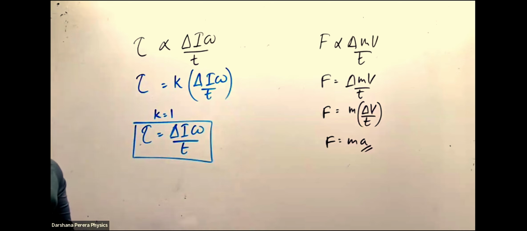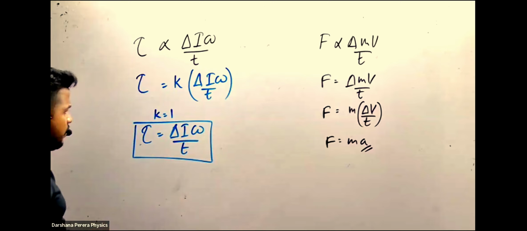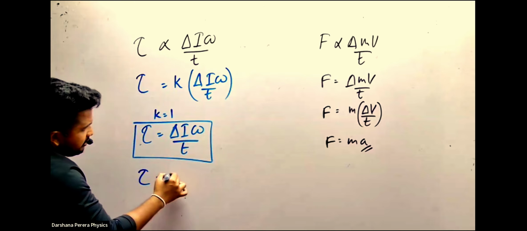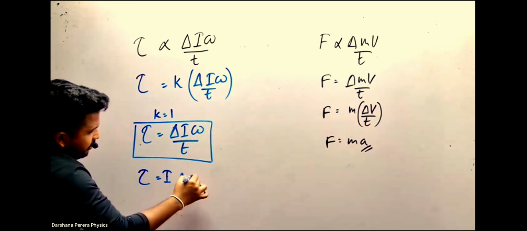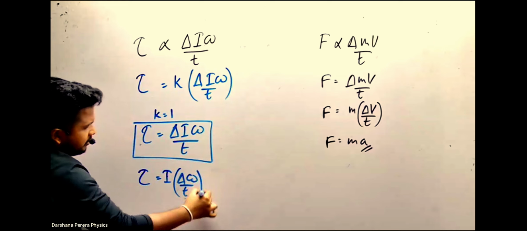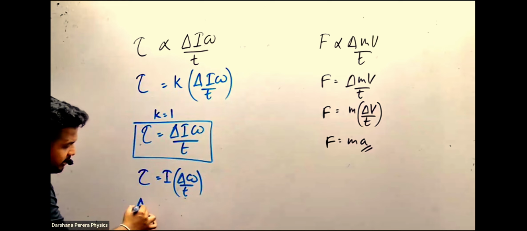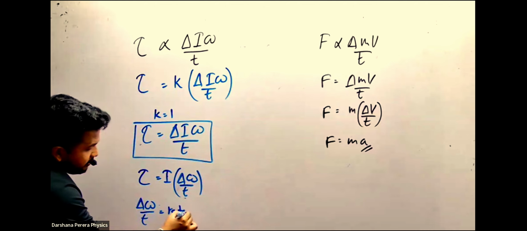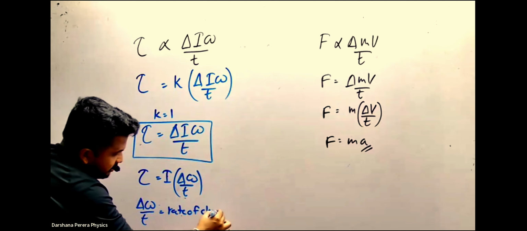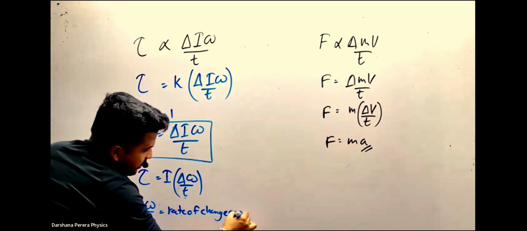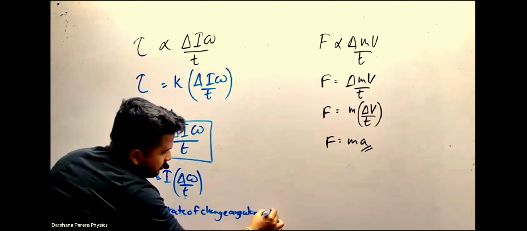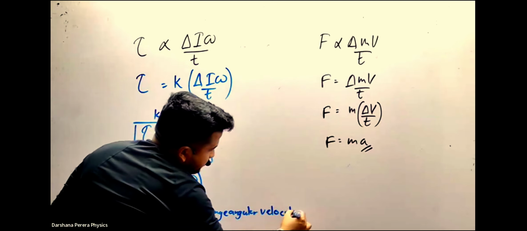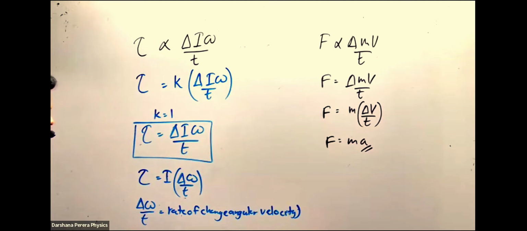Then below, torque equals I, the constant, times delta omega over t. What is delta omega over t? It is the rate of change of angular velocity.